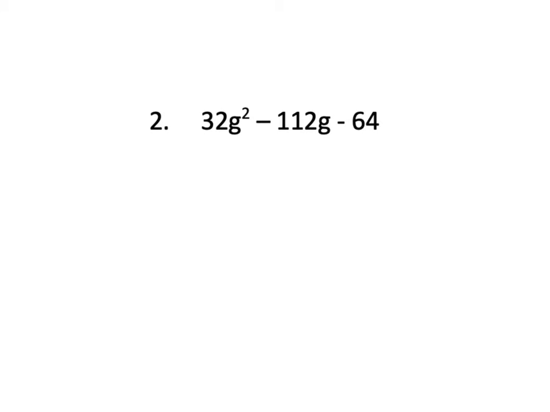So you're going to look at your coefficients and try to decide what goes into 32, 112, and 64. One of the things you might want to do is try to divide each of them by the smallest number, like 32. If you try 112 divided by 32 in the calculator, you get 3.5. So then maybe try 16. And 16, I know, goes into 64, and on the calculator, it goes in 7 times into 112.